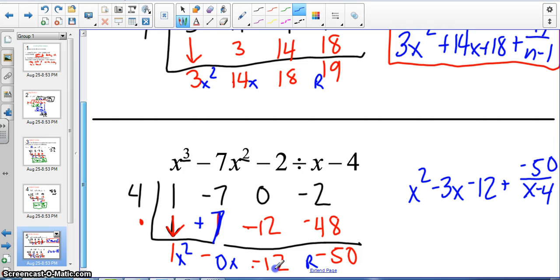This is my remainder. This is my constant term, so no x. This is my linear term, so this gets an x. This is my quadratic term. So my answer for that would be x squared minus 12 plus negative 50 over x minus 4. We don't need to include the 0 in our answer because it's not going to change anything.